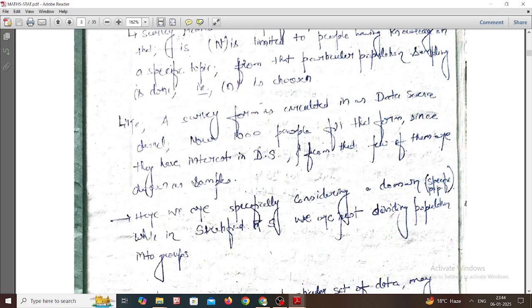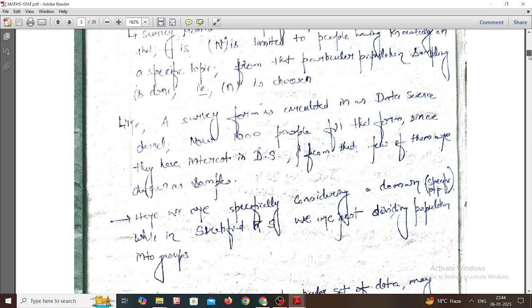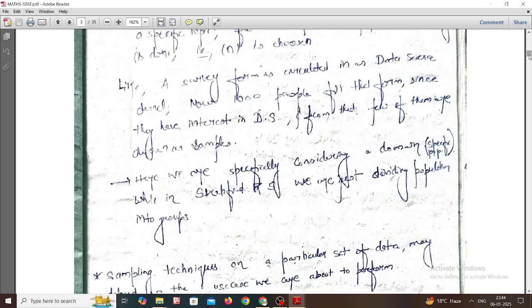So the entire population gets reduced to samples, and from those samples we try to reach a conclusion: do they have an interest, what sort of interest levels, and what sort of knowledge do they have towards data science.